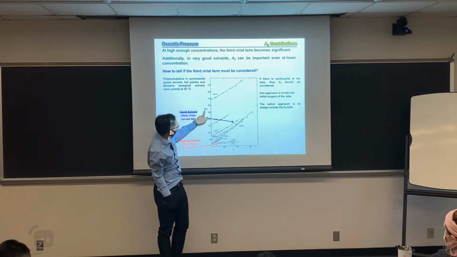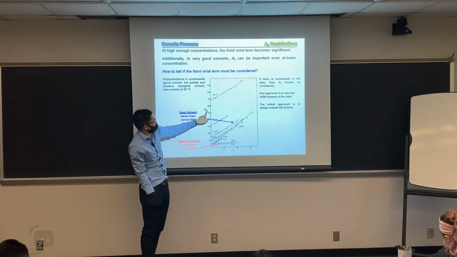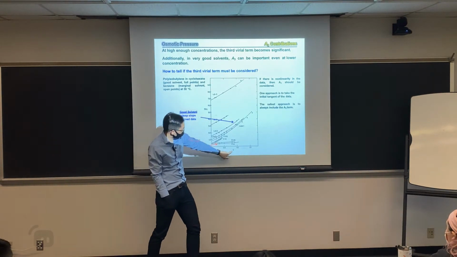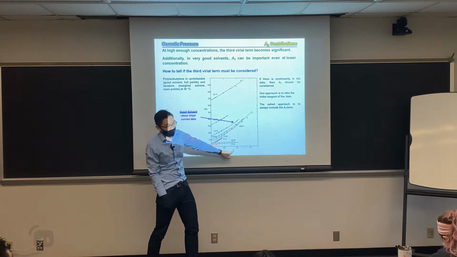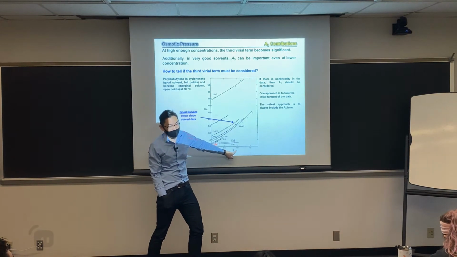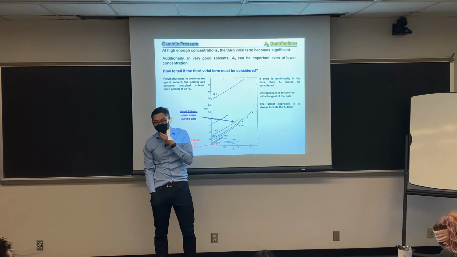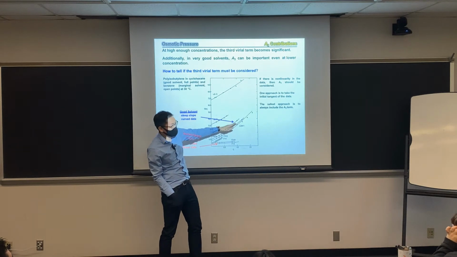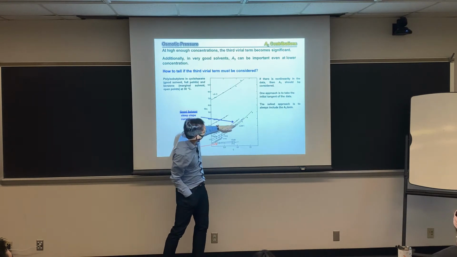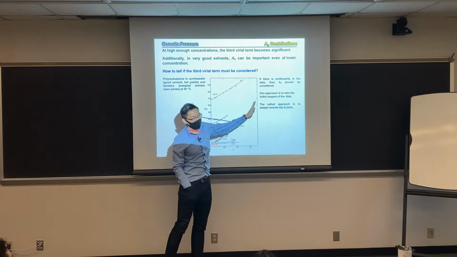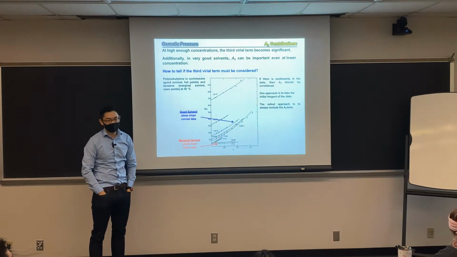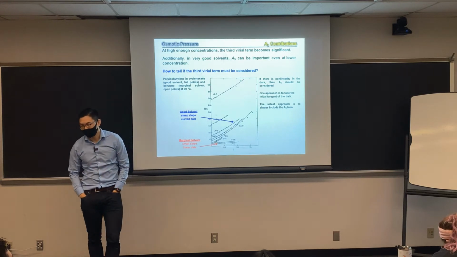Effectively, this equation should be right: osmotic pressure divided by CRT equals 1 divided by N plus A2 multiplied by C plus what is missing, A3 multiplied by C squared. Right? Now you know y equals A3 C squared will take a parabolic turn. So that's why sometimes at high concentration, you will start to see this upward trend.